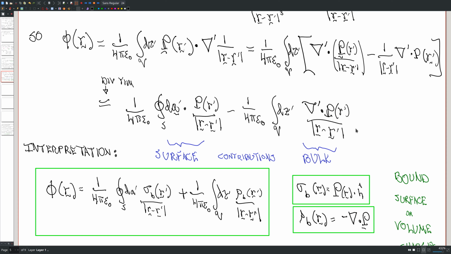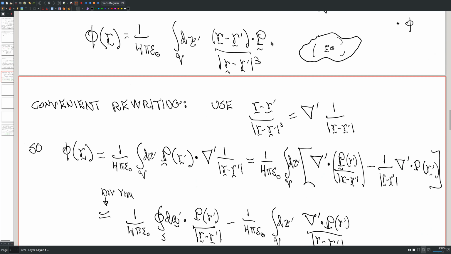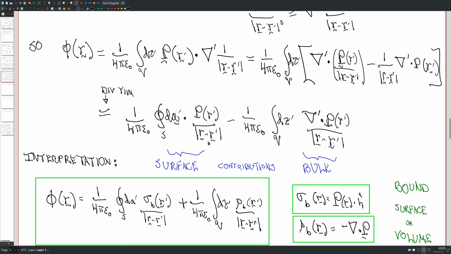So be careful here, because we were originally integrating a volume density of dipoles over the volume. Now we have rewritten that as a surface and a bulk density of charges. So the electrostatic potential created by a volume density of dipoles has an equivalent interpretation in terms of the electrical potential created by both a volume charge density and a surface charge density.